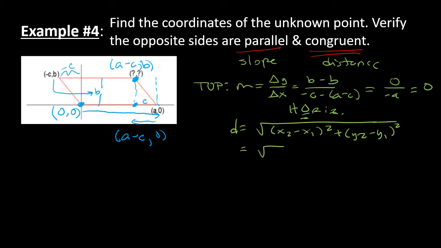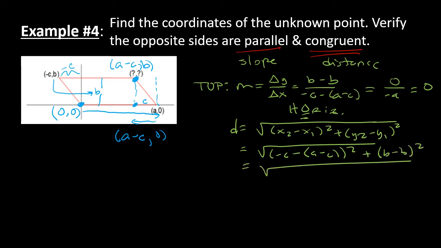All right, welcome back. If you did this and you subtracted your x's, it would be negative c minus the quantity a minus c, and yes, those parentheses are important. And y minus y would be b minus b.